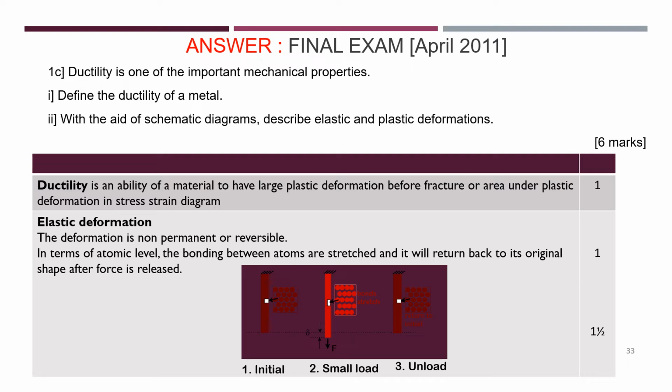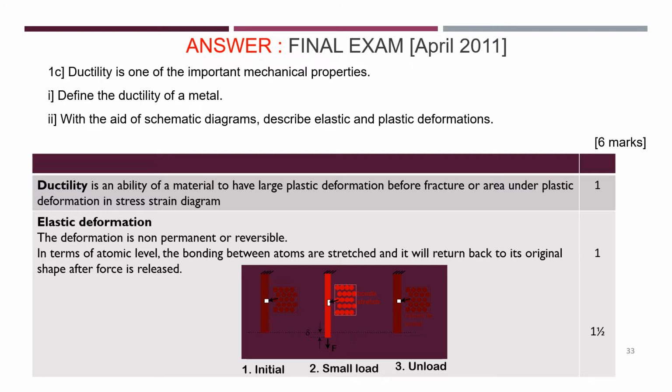As for elastic deformation, we all know that in elastic deformation, all the atoms will return to the original stage. So what you do is you have to construct three diagrams. The first one is the initial stage, and then after a small load is applied, and after the stress is unloaded.